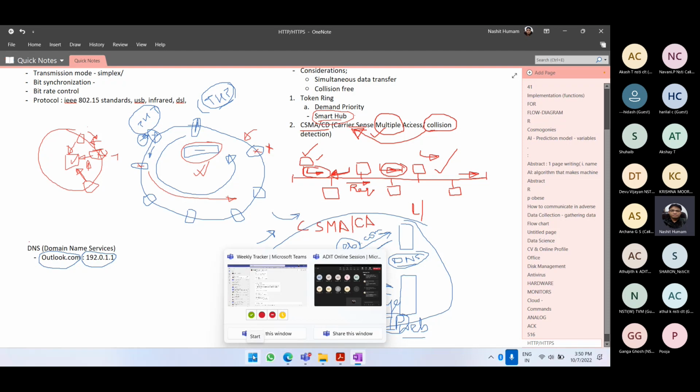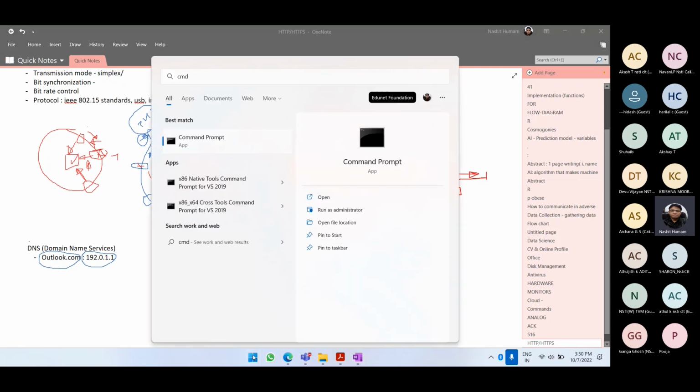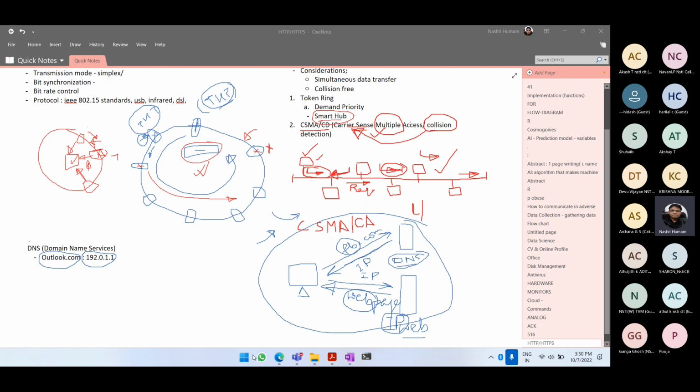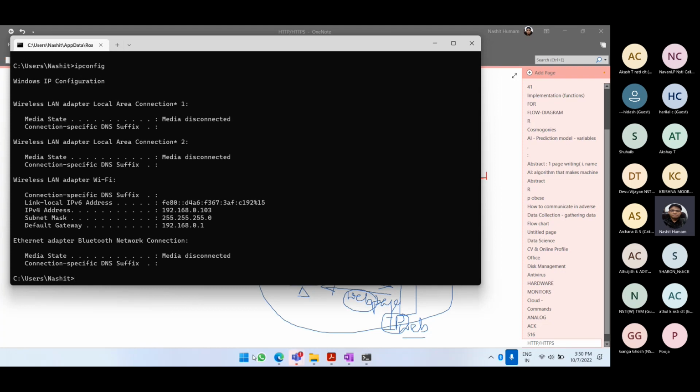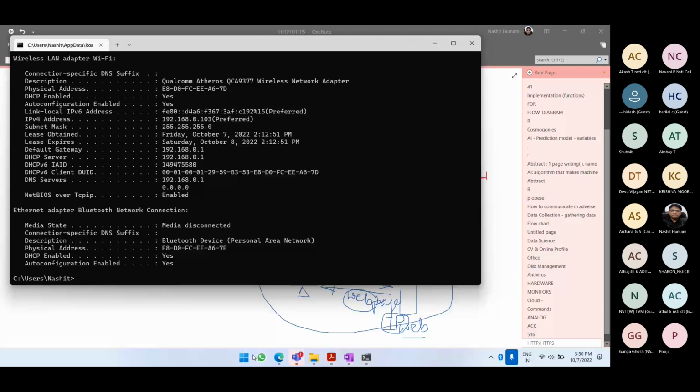Now, you can figure out the details of your network connection, right? Type in ipconfig, and that will help you with most of the things, but not everything. So you can check ipconfig /all. I have two DNS servers connected.